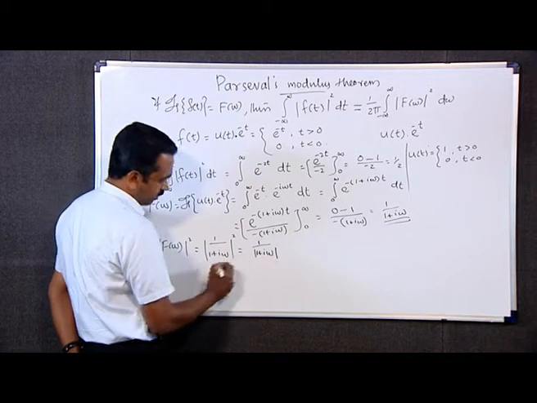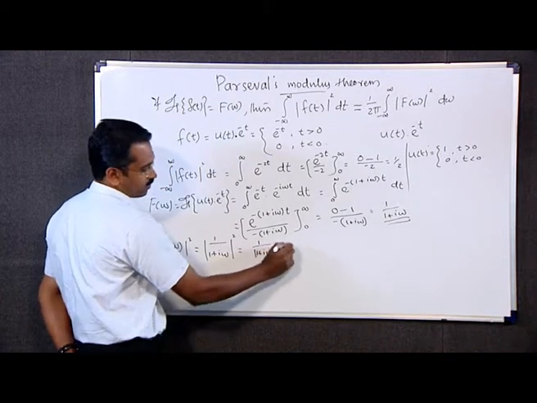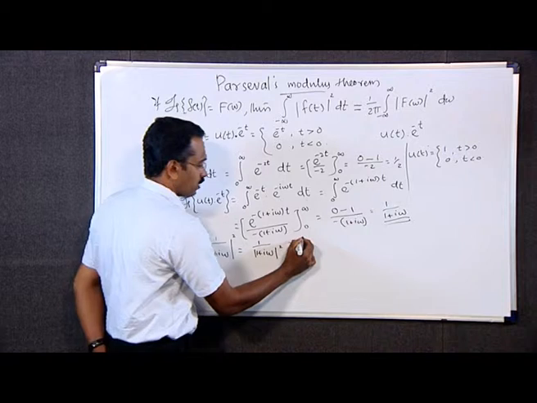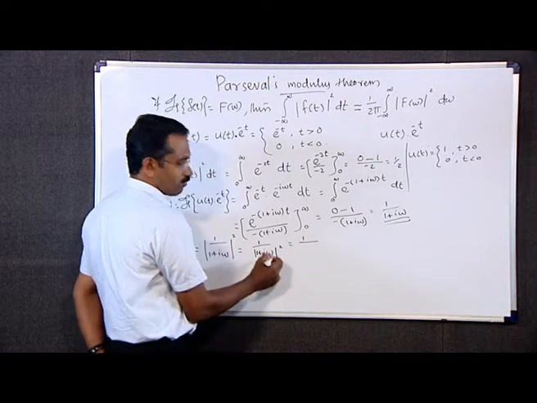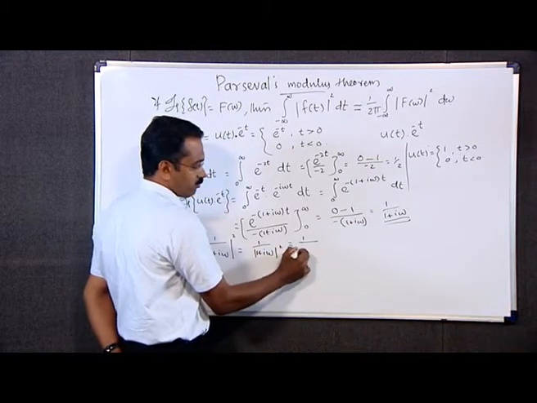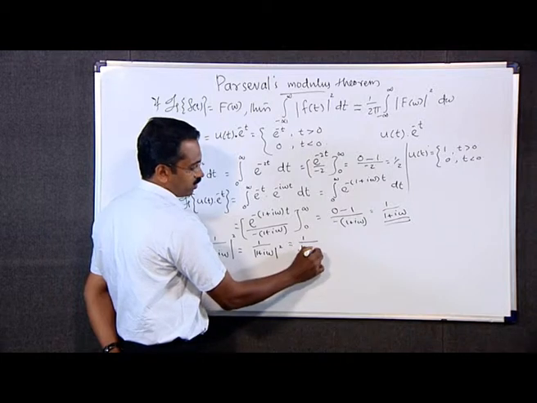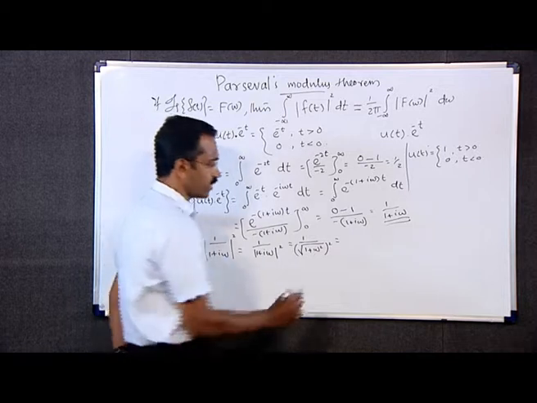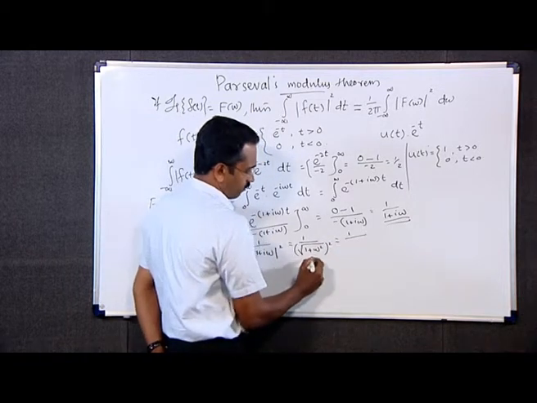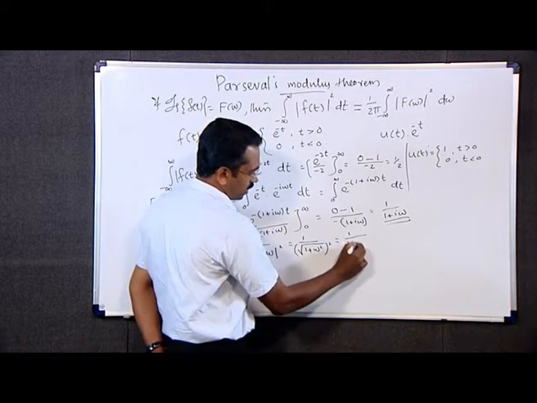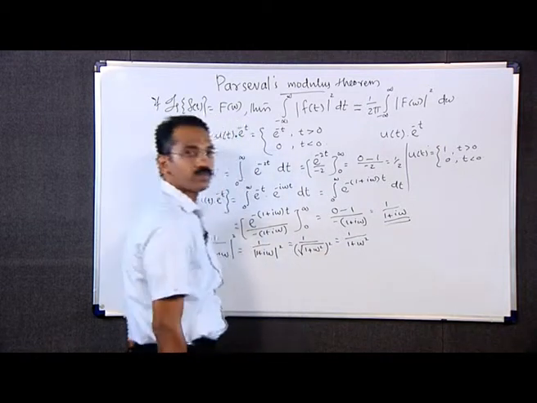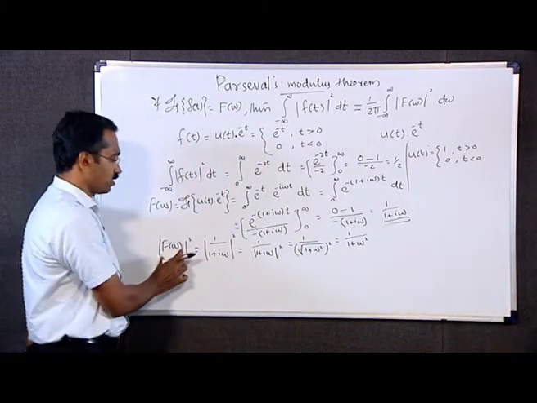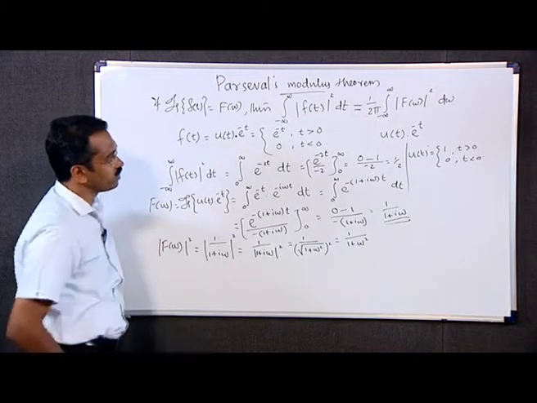Modulus of 1 plus iω the whole square, that is 1 by modulus of 1 plus iω is root of 1 square plus ω square the whole square, that is 1 by 1 plus ω square. This is modulus of f of ω whole square.